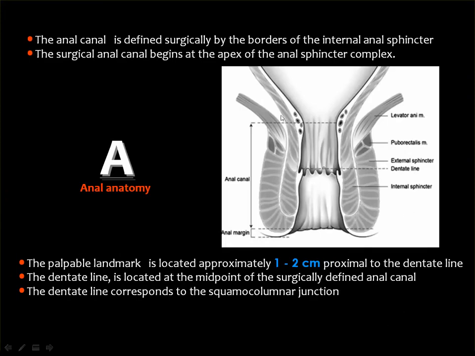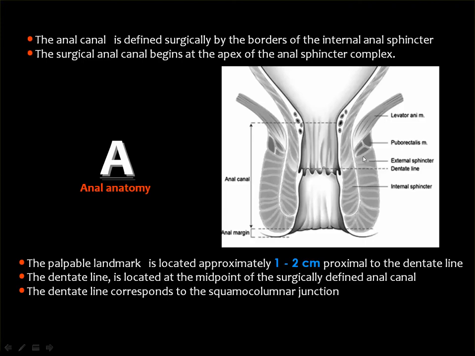Okay, and this is the anal canal, and we have the surgical anal canal and the anatomical anal canal, and the junction between them is the dentate line. Here you can see the internal sphincter, and outside the internal sphincter you can see the external sphincter.